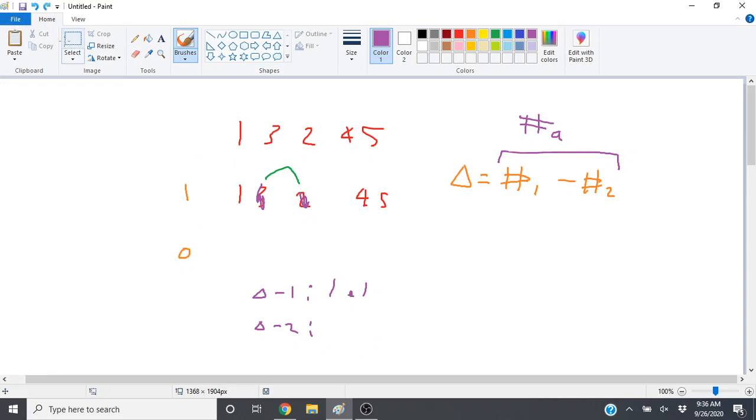We can think of this in a different way too, and this may be easier to think about. Let's figure out what happens when we remove 3. Either 2 is still in the first array. In this case, we lose this inversion pair, so delta decreases by 1. Otherwise, 2 is no longer in this array, so it's somewhere in this other array. And we know that when we move this 3 over, it's going to be before it because we maintain the original order.